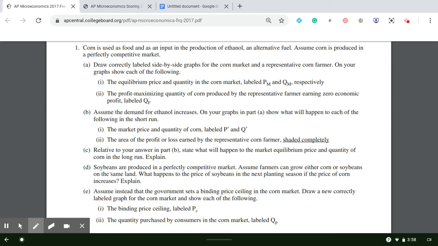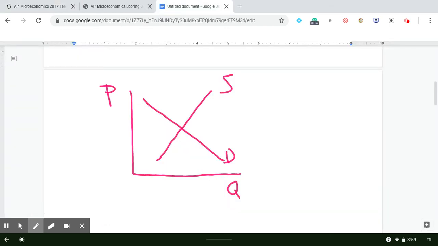And if the price of corn goes up, that's going to make farmers want to plant corn, which means they're going to have to use their land to plant corn, which means as they use their land to plant corn, they use less of their land to plant soybeans.